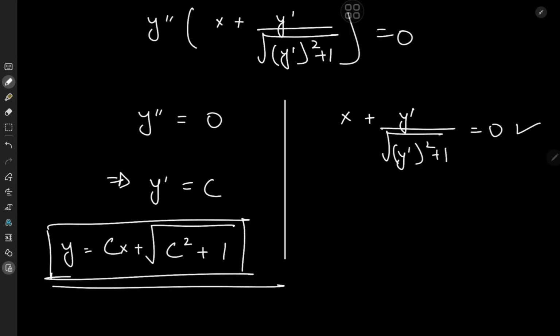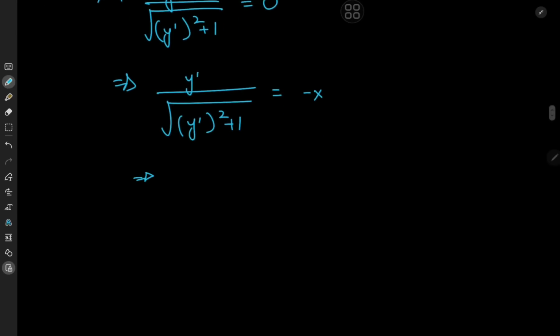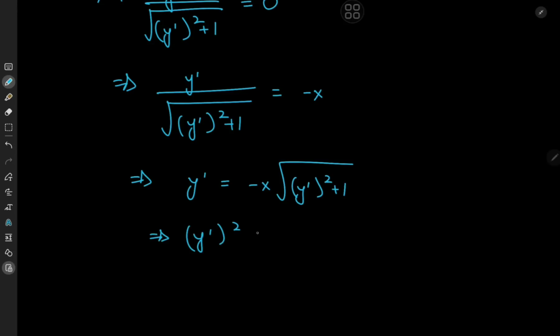Now, what about this thing here? Well, since we're interested in y prime, we could solve this equation for y prime in terms of x. So moving stuff around gives us y prime divided by root y prime squared plus 1 equal to negative x, which implies that y prime equals negative x times root y prime squared plus 1. Squaring everything gives us y prime squared equal to x squared times, let me just expand this, y prime squared x squared plus x squared.